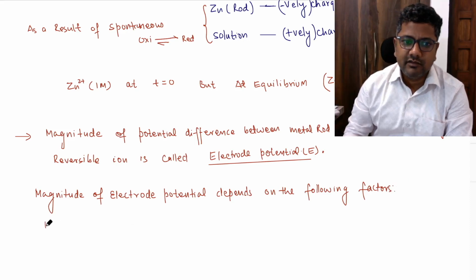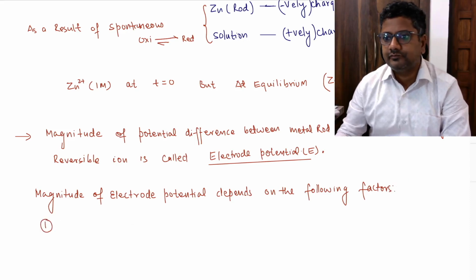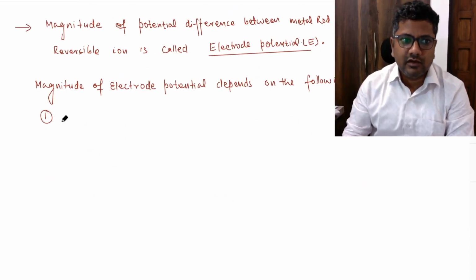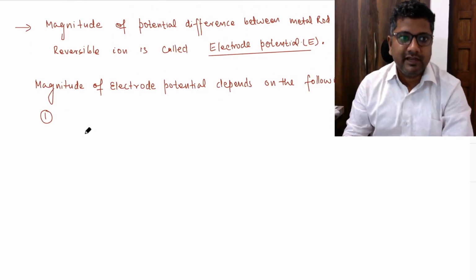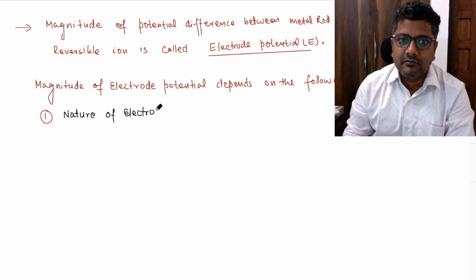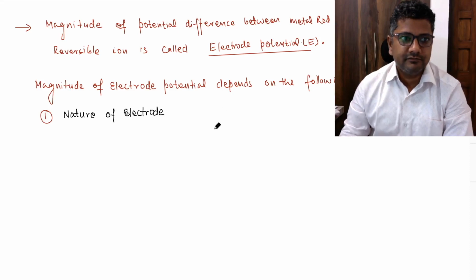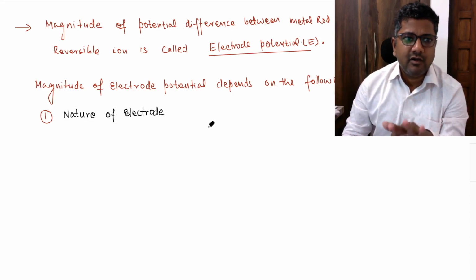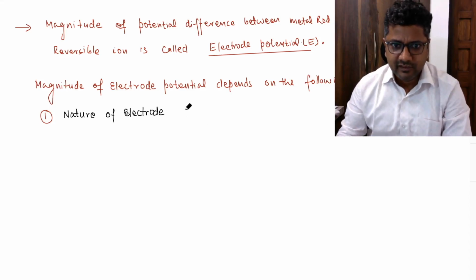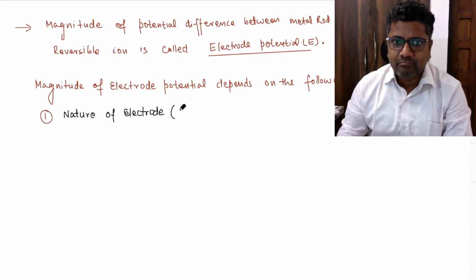Number one, the nature of electrode or nature of matter. Means you have taken zinc, copper, silver, hydrogen, chlorine, whatever electrode you have taken, the nature of that matter.